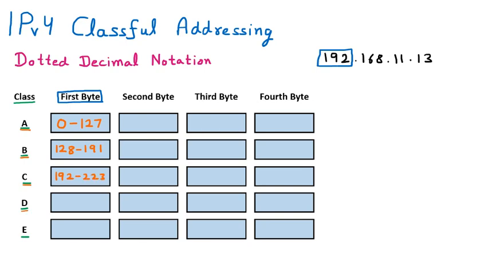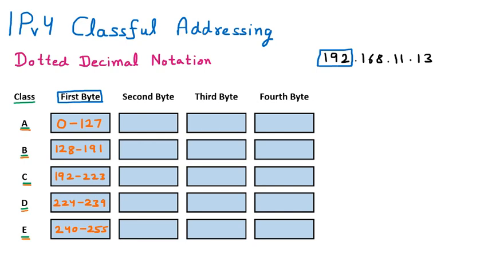Afterward class D has 224 to 239. And the last class, class E, is 240 to 255. So that is the range of the classes.